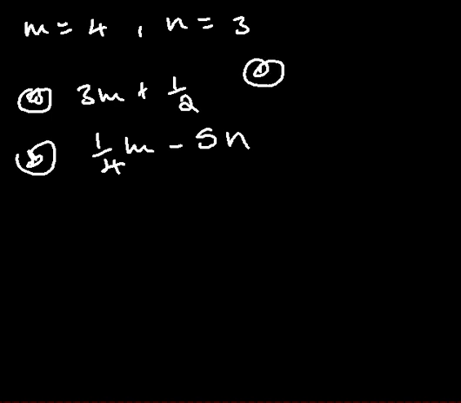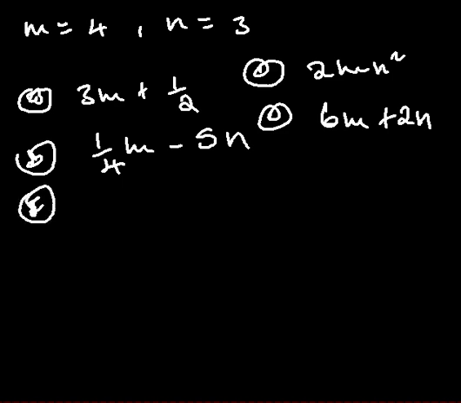Now we should also evaluate 2m n to the power 2, and we should also evaluate 6m plus 2n. How do you think you can do this? And let's say we also have 5m minus 9n. So try to do that.